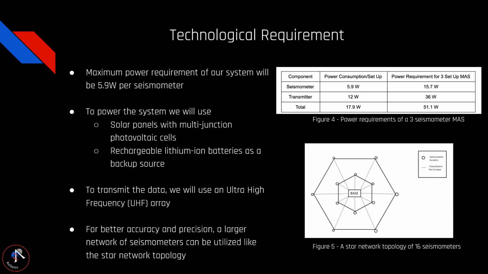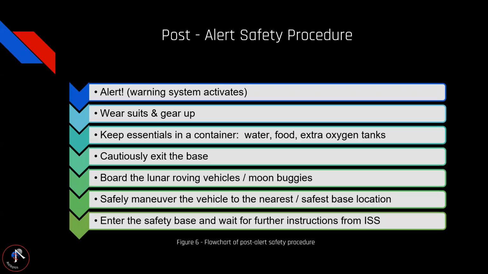So this would give us a power requirement of a mere 18 watts per hour. For a three-station setup, it would require around 51 watts, which is very low. If we plan to use the 12 seismometer setup, which you can see over here, the power requirement would increase.